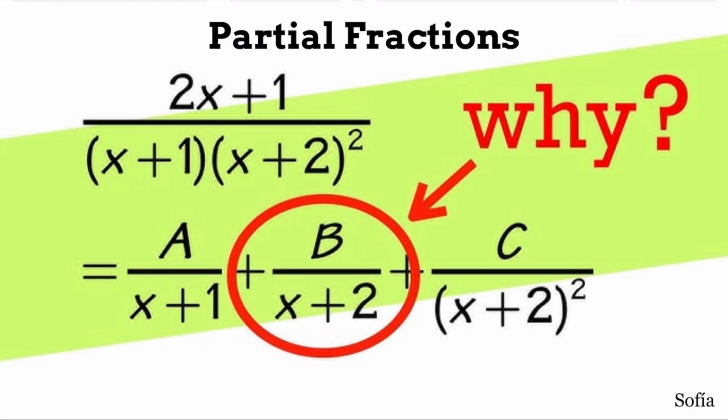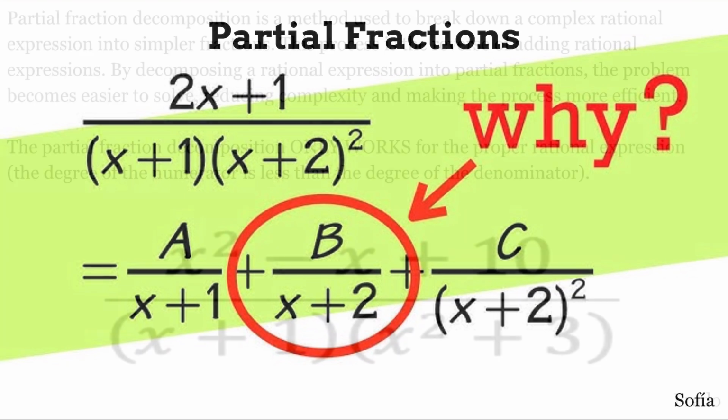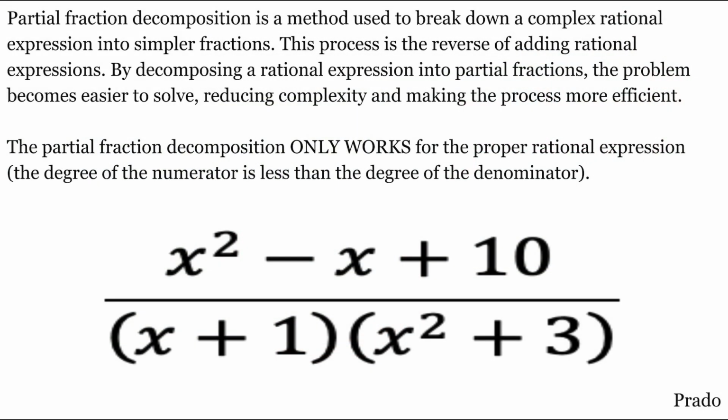We will now introduce you to partial fractions. What is the partial fraction decomposition method? The partial fraction decomposition is a method used to break down a complex rational expression into simpler fractions. This process is the reverse of adding rational expressions. By decomposing a rational expression into partial fractions, the problem becomes easier to solve, reducing complexity and making the process more efficient.